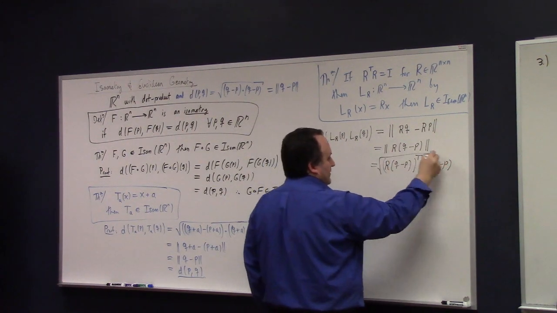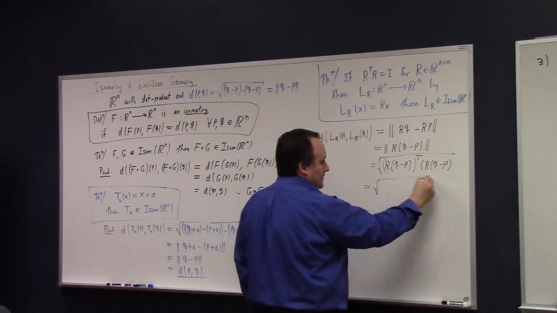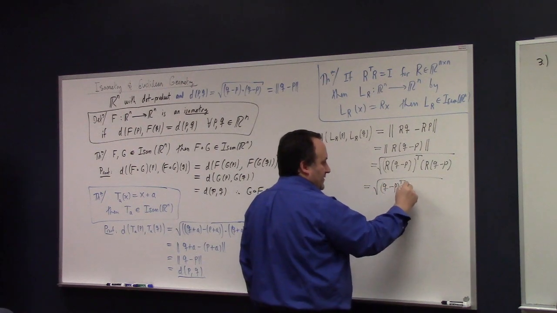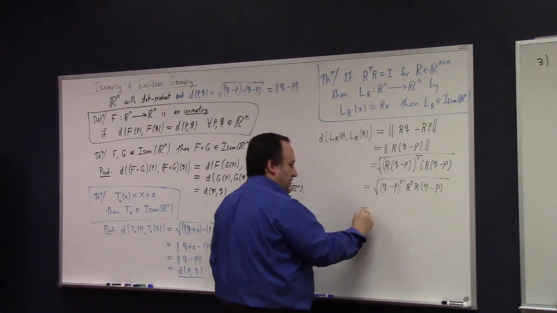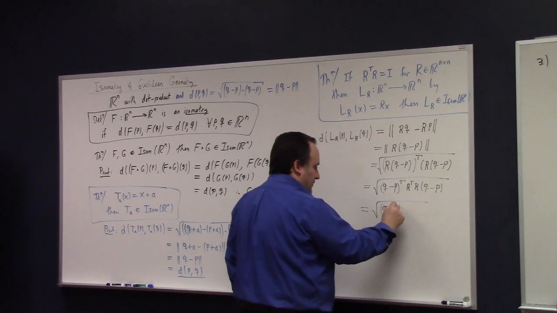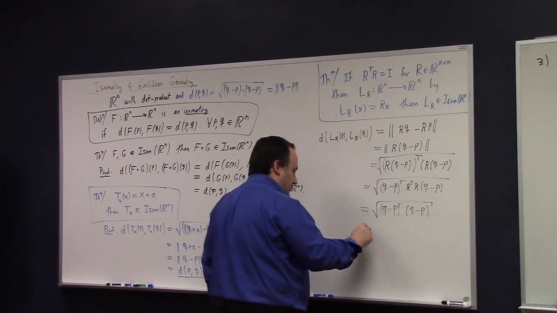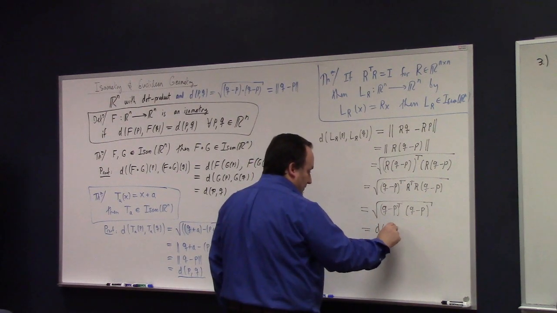But then by socks-shoes, you get the square root of (Q minus P) transpose R transpose R times (Q minus P), which is the square root of (Q minus P) transpose times (Q minus P), using the orthogonality condition, which of course is the distance from P to Q.